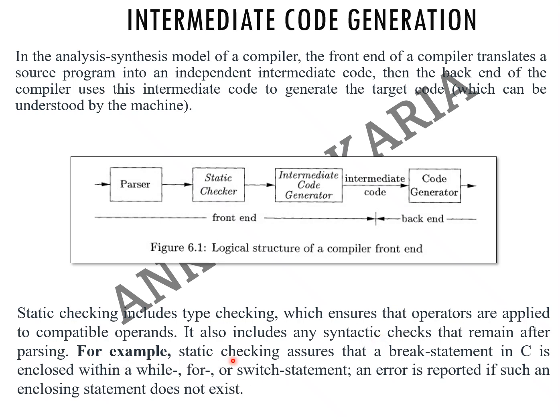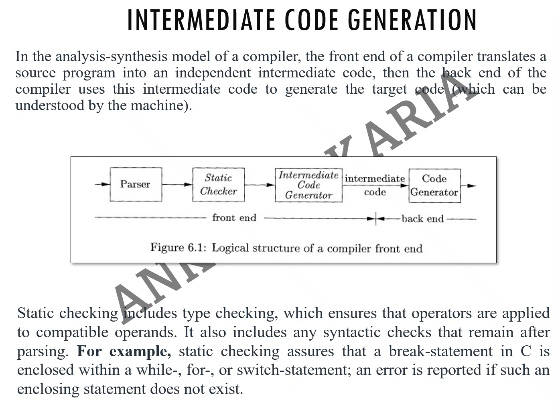For example, static checking ensures that a break statement is always enclosed either inside a while loop, for loop, or a switch statement. If the break is not enclosed in any of the mentioned statements, then it should report an error.